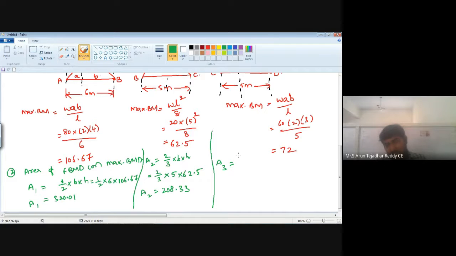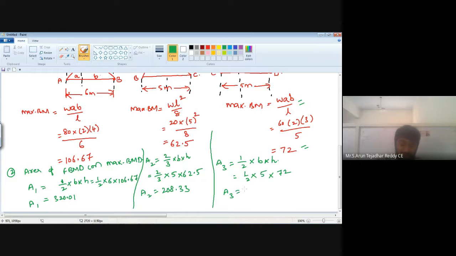Now coming to A3, that is, we are calculating the third beam CD. It looks like a triangle shape, so the area of a triangle is half into base into height. Half into, here the base is 5, height is WAB by L. Based on that formula we got the value 72, substitute here, that's it.